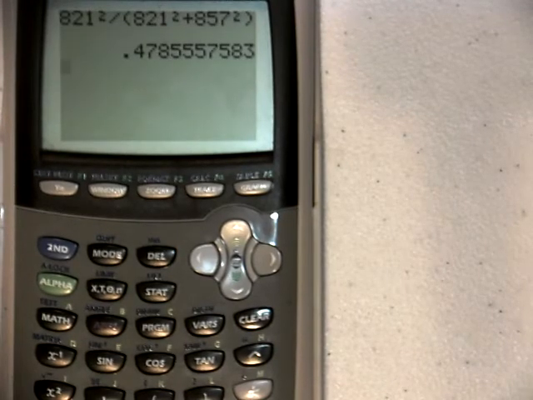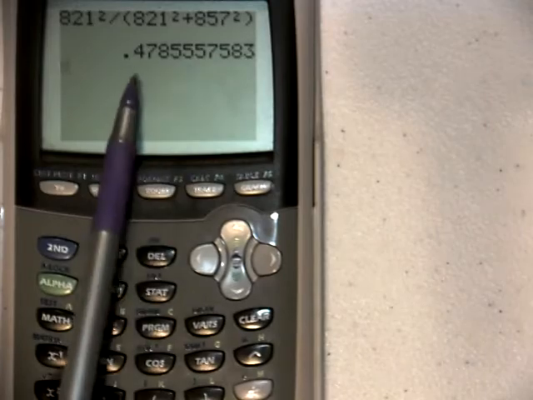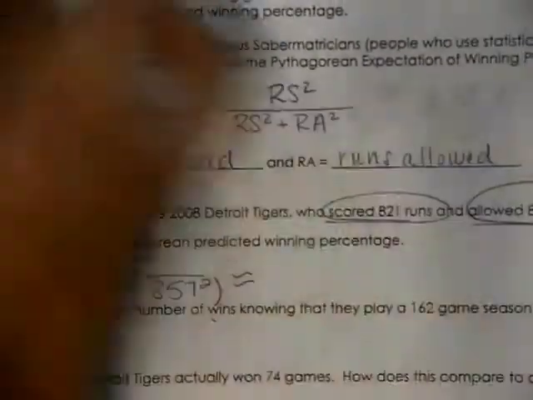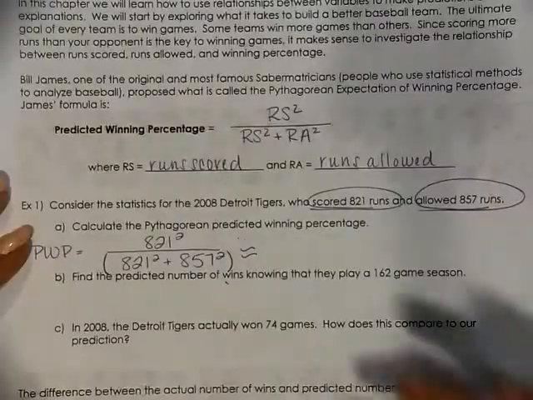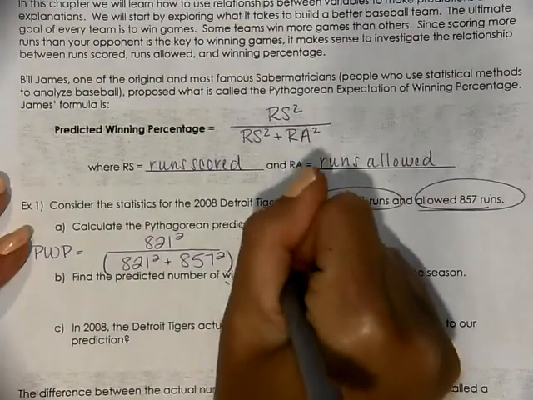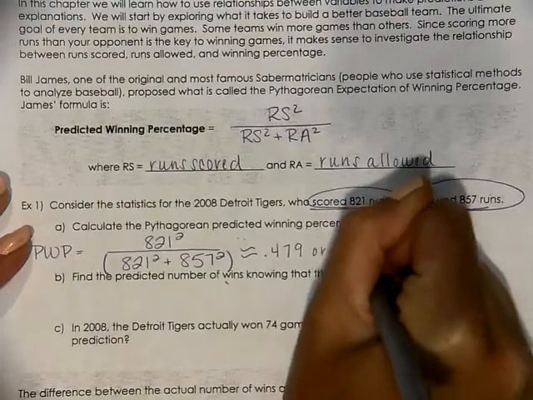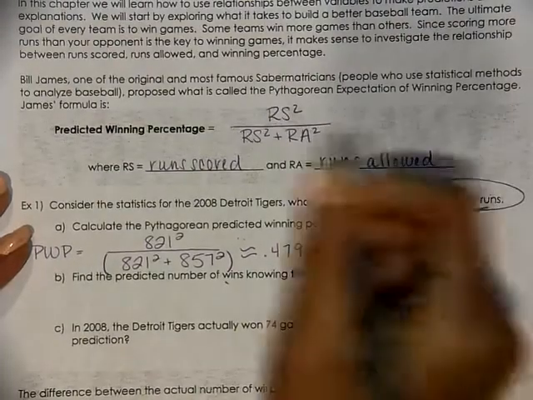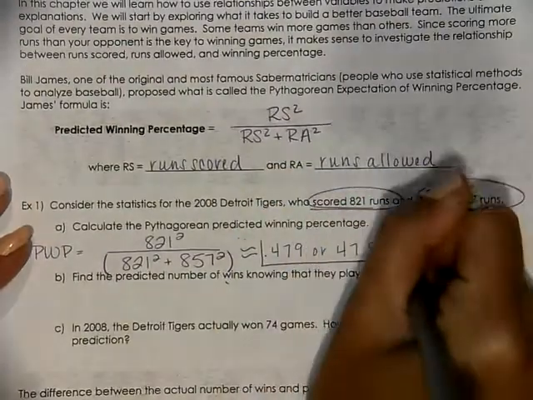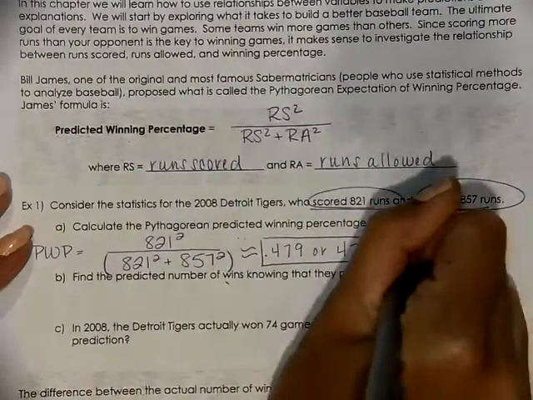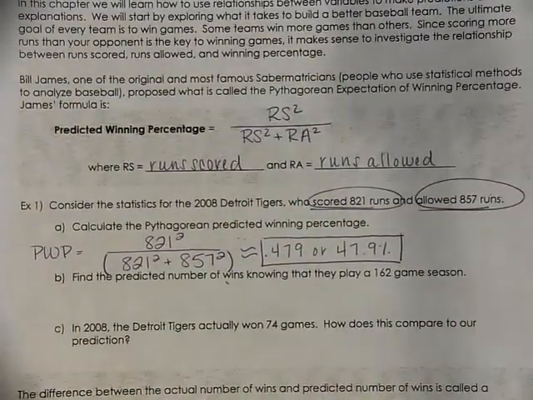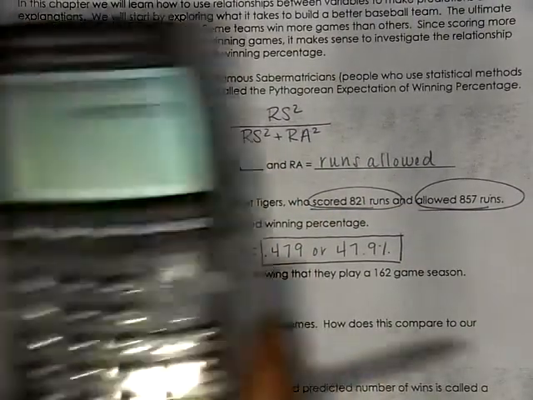And you should get about 0.479. Like I said, if you didn't get that, double check to make sure you typed it into your calculator correctly and to make sure you use parentheses around your denominator. Show it one more time.